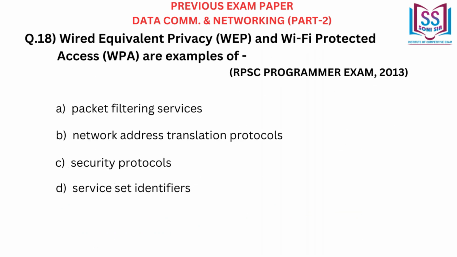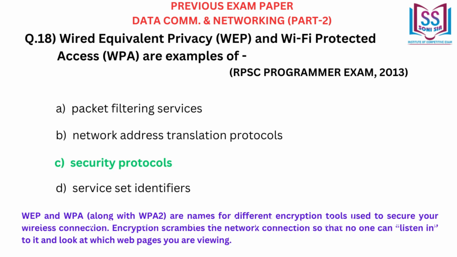Wired Equivalent Privacy, WEP, and Wi-Fi Protected Access, WPA, are examples of: A. Packet filtering services. B. Network address translation protocols. C. Security protocols. D. Service set identifiers. Correct answer C. Security protocols.